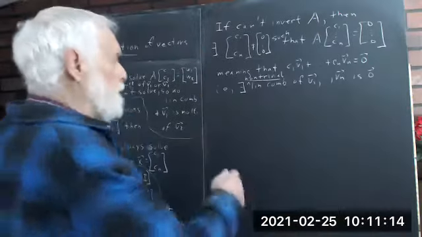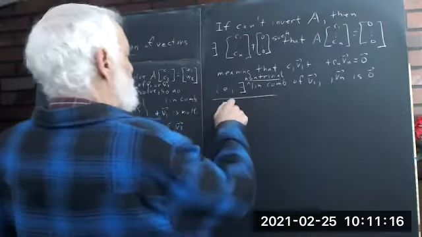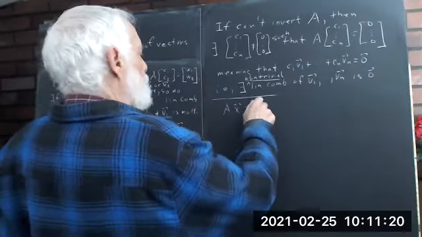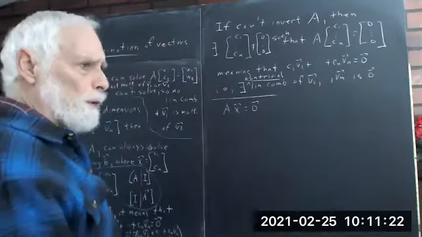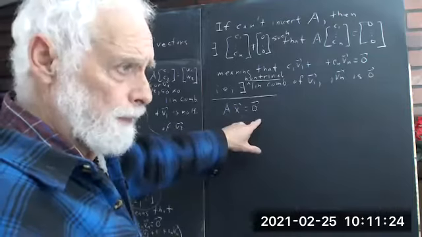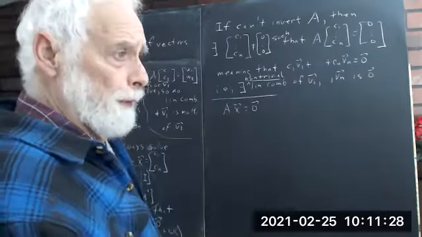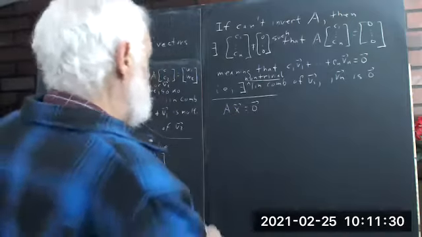A little definition. A very important type of matrix equation is where you have AX equals 0.